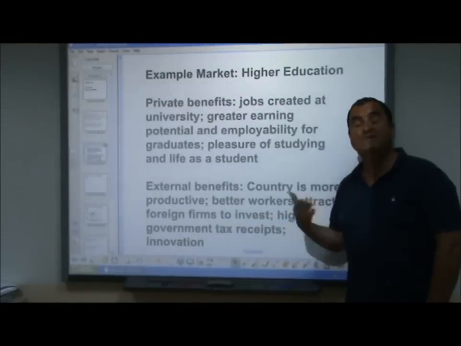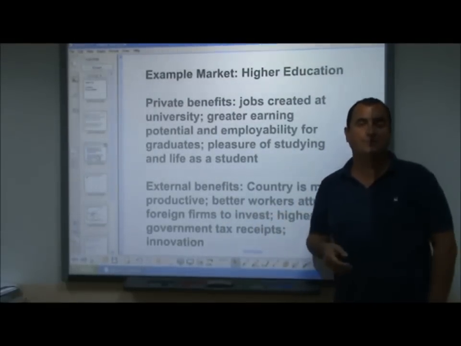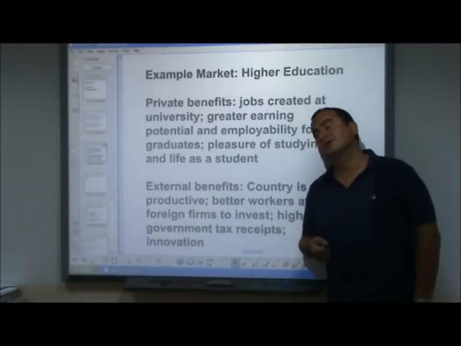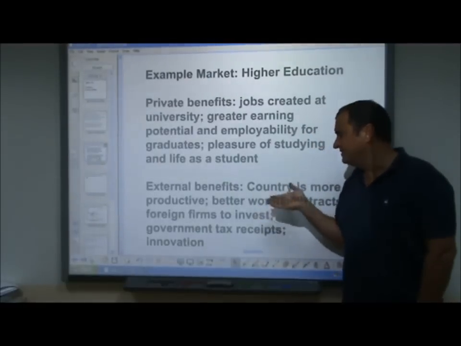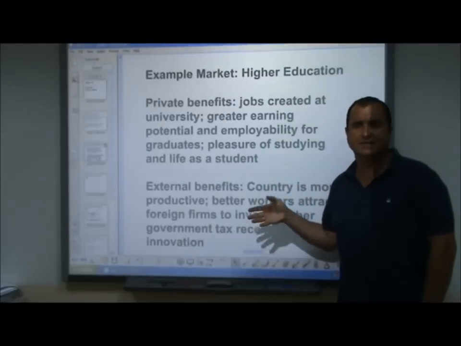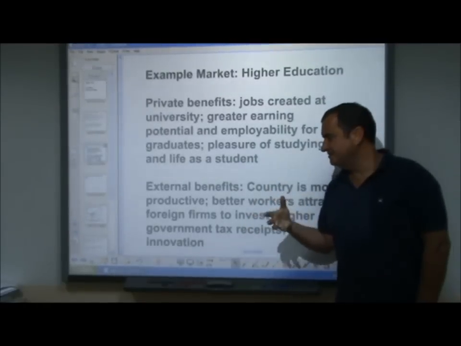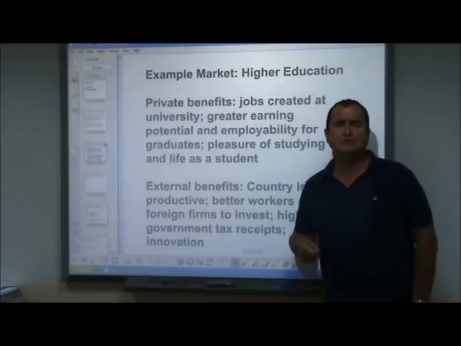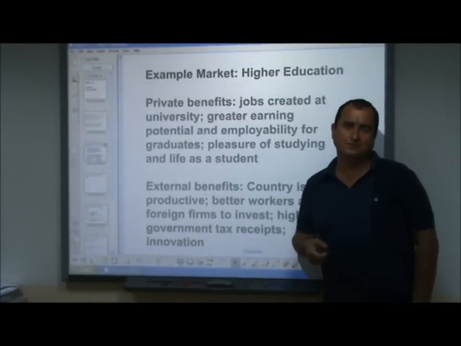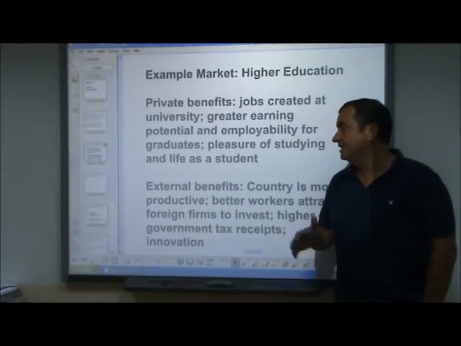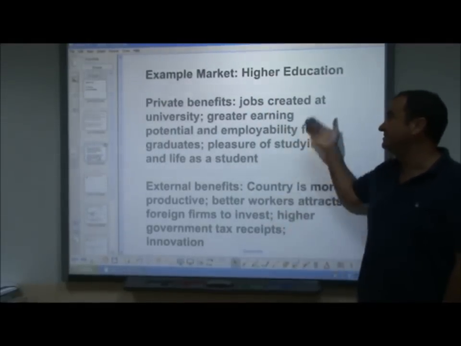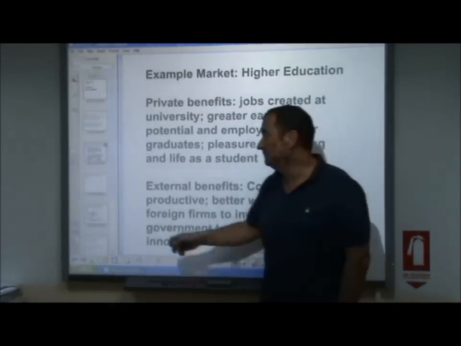And we might get more innovation and more progress over time if we have a lot of graduates in our economy. And there are benefits also for local areas. If there's a university in a town or a city, that's going to be very good for the local economy, isn't it? So these are the private benefits and external benefits of higher education.